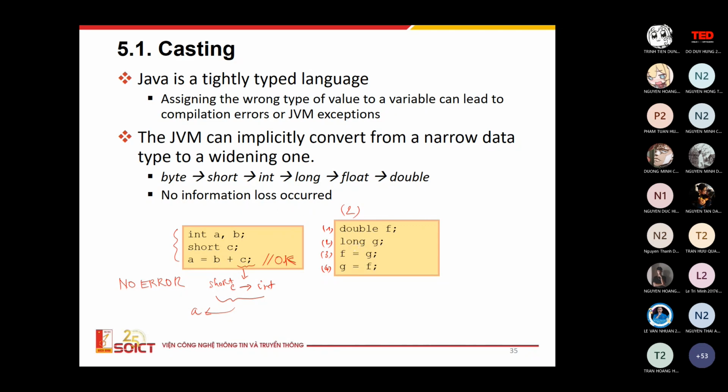In this second example, what will happen? Trần Bình Minh, are you here? Are you there? No? Okay. Can I? Yeah, welcome.